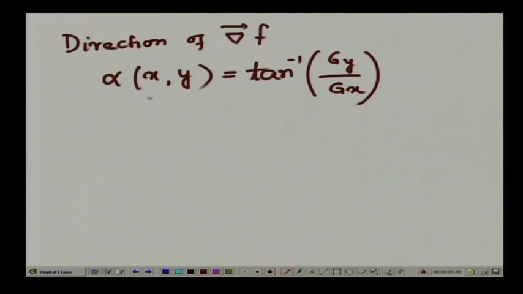This alpha(x, y) tells us the direction of the gradient f, that is a vector, but actually the edge direction is perpendicular to the direction of the gradient vector f.